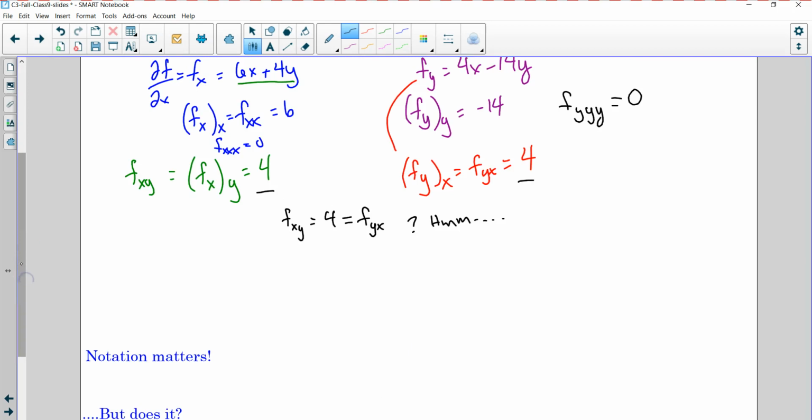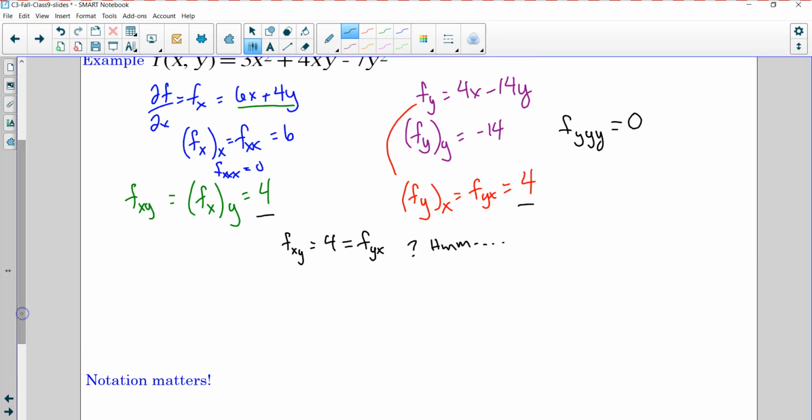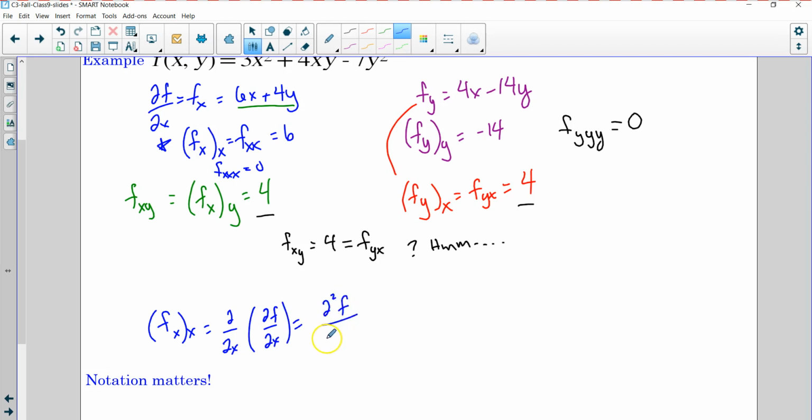And just for notation purposes, to remind you, this notation here is a shorthand notation, but longhand, f sub x with respect to x would be del del x of del f del x, and that would be del squared f over del x squared.